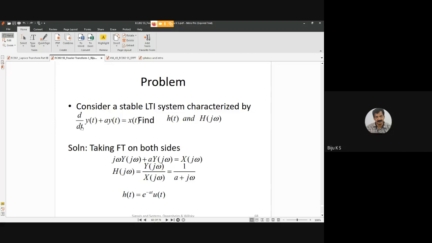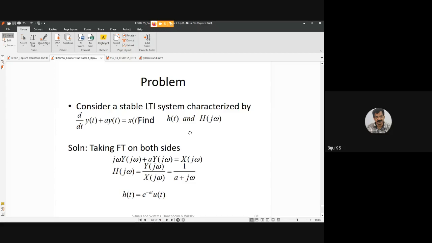So here we take the Fourier transform: j omega into Y of j omega, the differential term, plus a into Y of j omega, which is equal to X of j omega. So this is a continuous time signal.